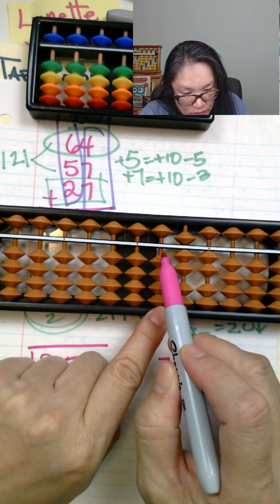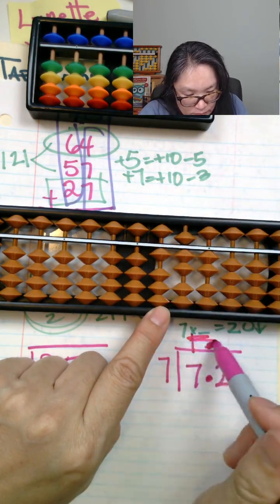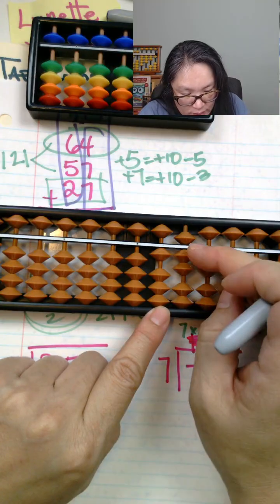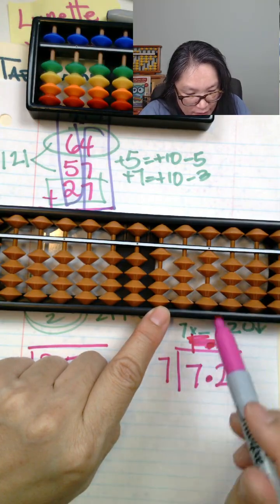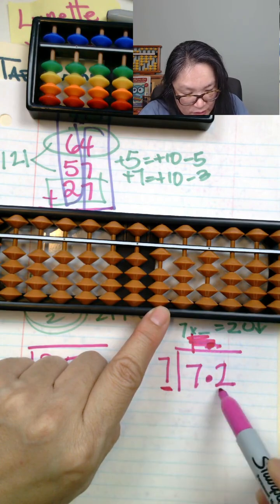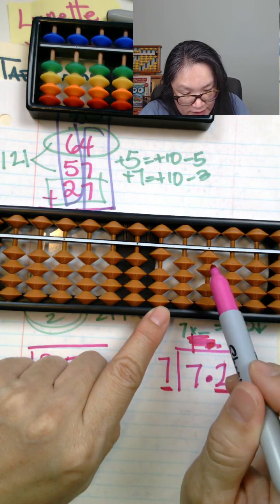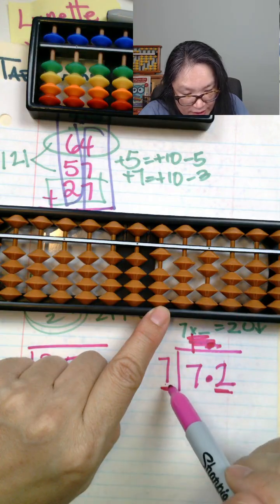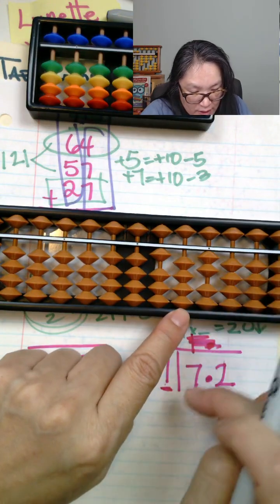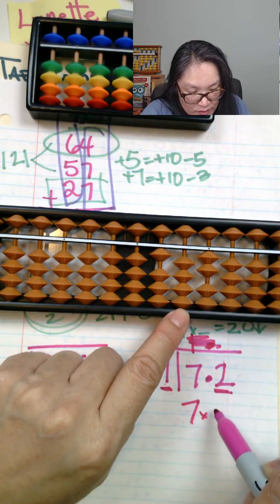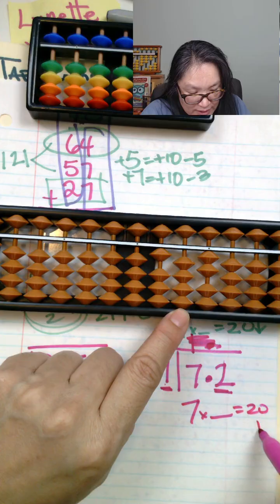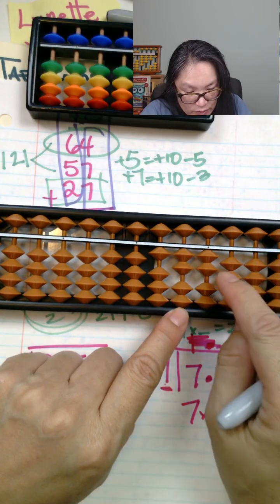So it'd be 1, right? 1, take away 7. So I still have more. Who is bigger, the dividend or the divisor? The divisor is still bigger. So I go over here and I take away, and 7 times what is equal to 20 or less? 7 times 2 is equal to 14.